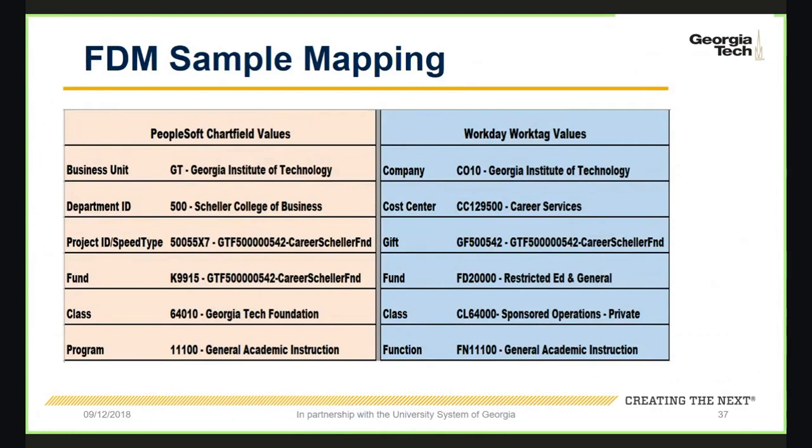What we're currently calling a department ID will crosswalk to cost center and have a prefix of CC. Project ID / speed type will crosswalk to GIF in this example because it is funded by Georgia Tech Foundation.